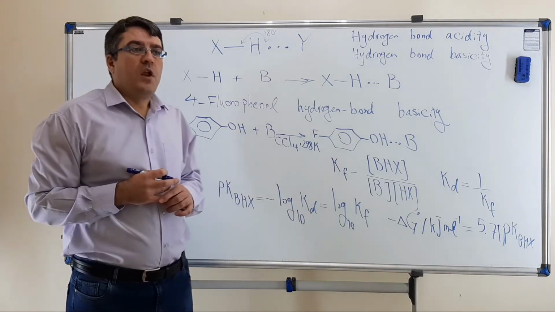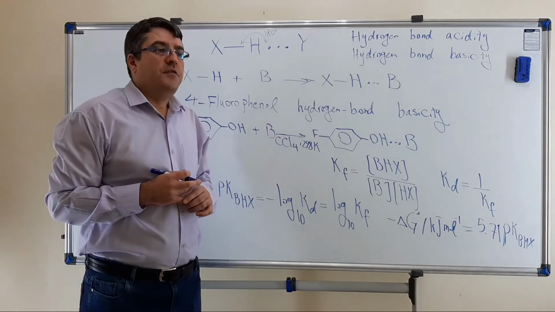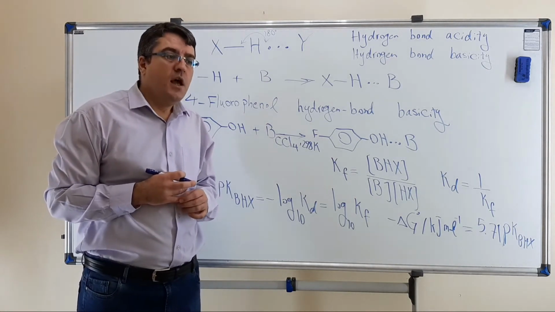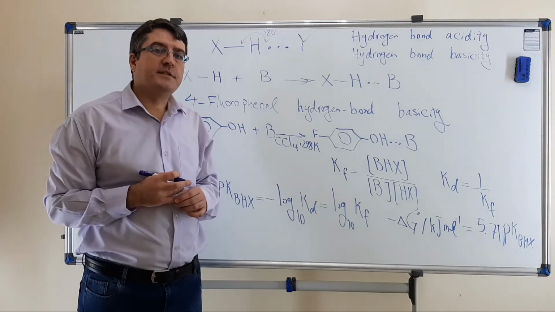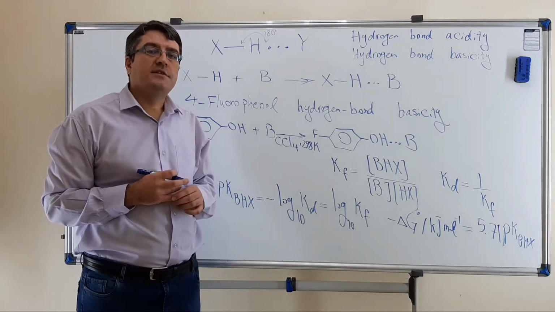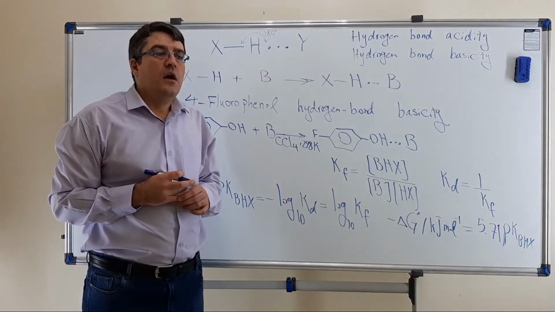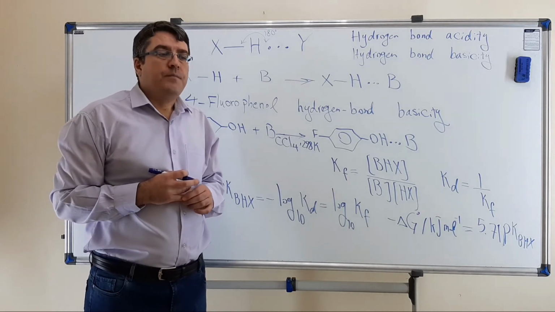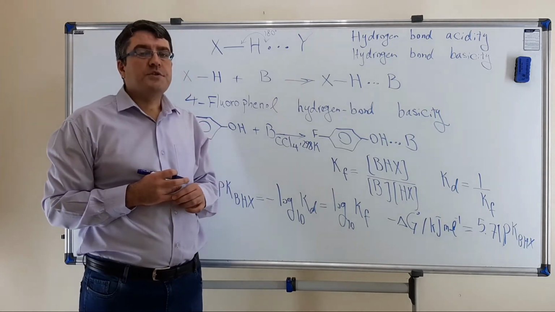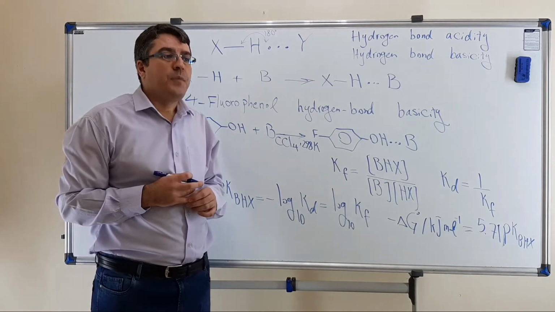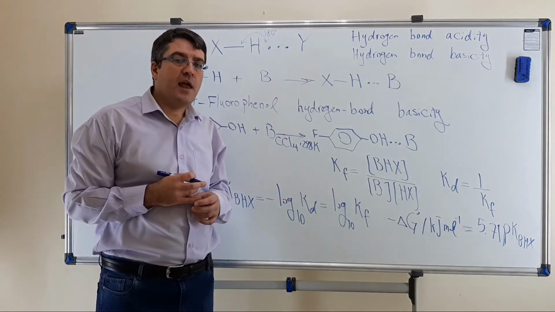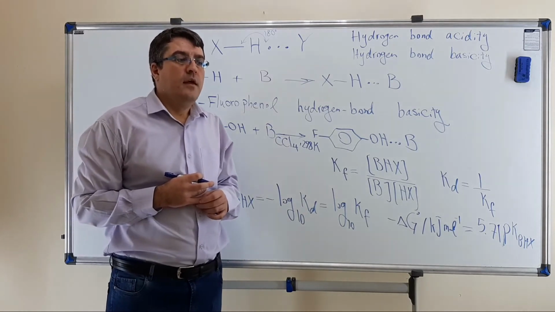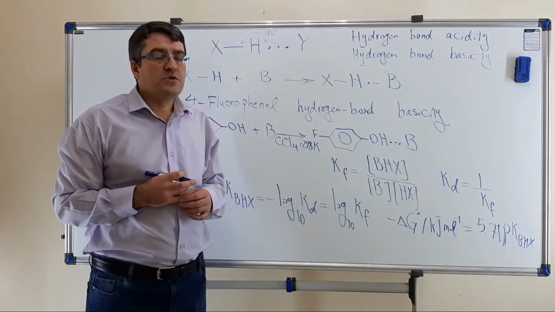For example, for oxygen bases, we have alcohols, phenols, ethers, aldehydes, ketones, esters, nitroalkanes, sulfates, sulfites, amine N-oxides, amides, and so on. For nitrogen bases, we have amines, primary, secondary, tertiary amines, aromatic amines, nitriles, and so on.